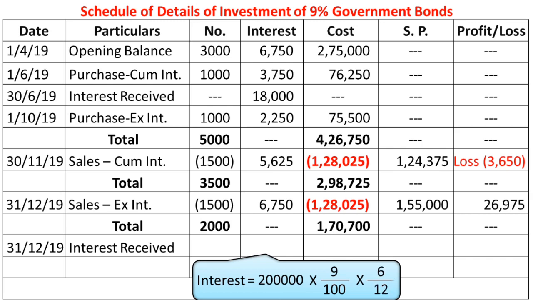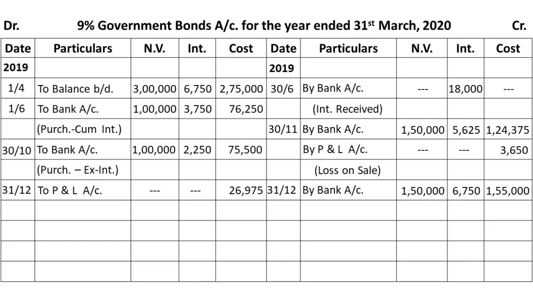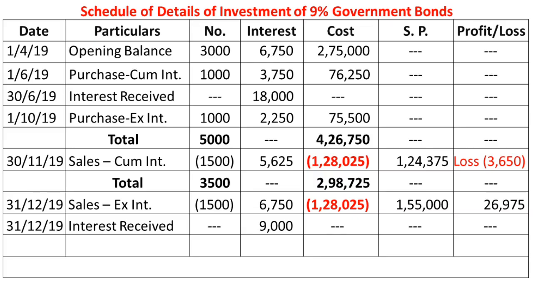So 6 by 12. So the amount of interest will be rupees 9,000. So we'll record this interest received on the credit side of investment account. So on the credit side, we'll write the date 31st December by bank account, only in the column of interest, rupees 9,000. Let's go to the last date, that is 31st March 2020.